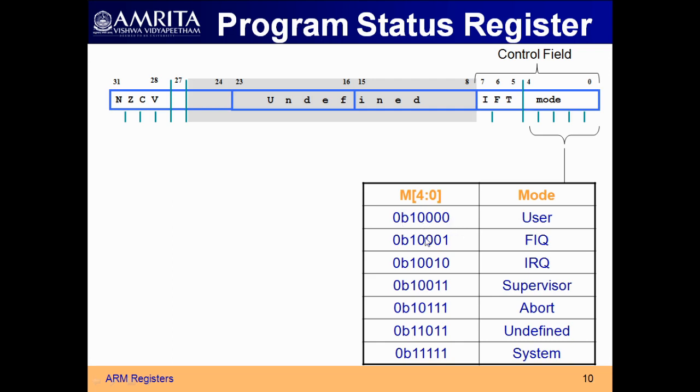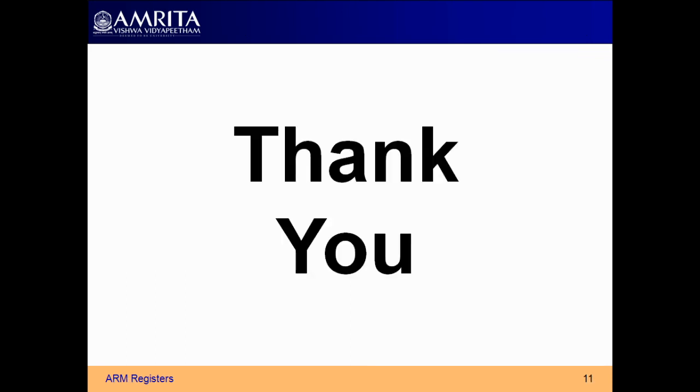So mode selection bits identify in which mode your processor is. These are the bits available in CPSR, and the other bits are undefined in this version. No need to worry about that.